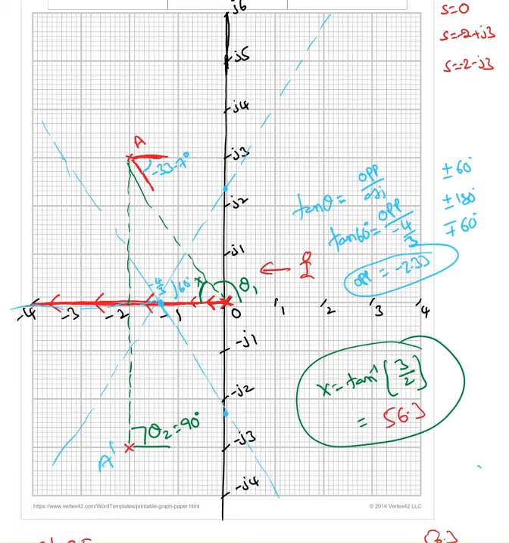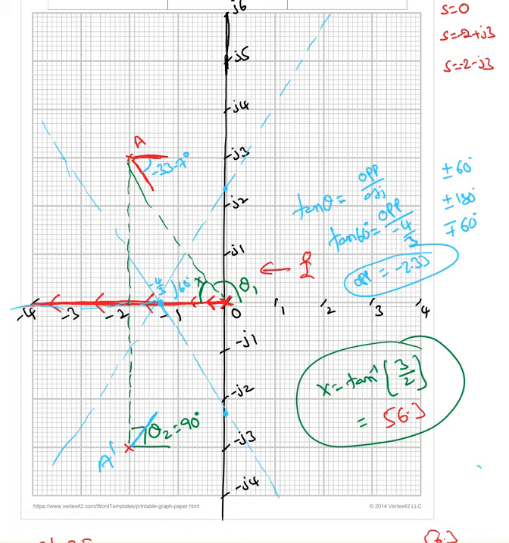At A prime, you will have a positive angle of 33.7 here, because remember, one property of the root locus is that it is symmetric about the x-axis. Once I draw this and fold it along the x-axis, whatever we have on the top, we'll have the same thing at the bottom.